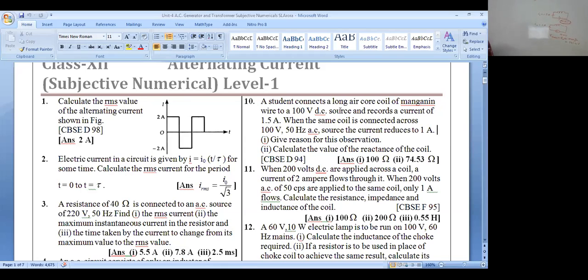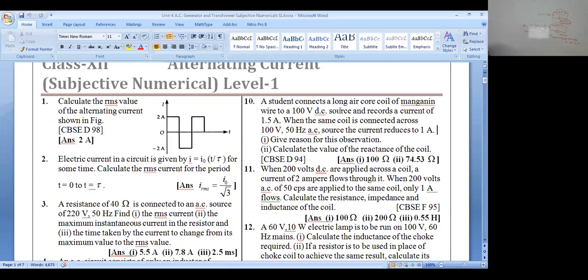One more observation: taking the RMS value, here the coil resistance is R, but there is something more, XL. So the impedance Z will be different, the root of R square plus omega L square. This is the reason.